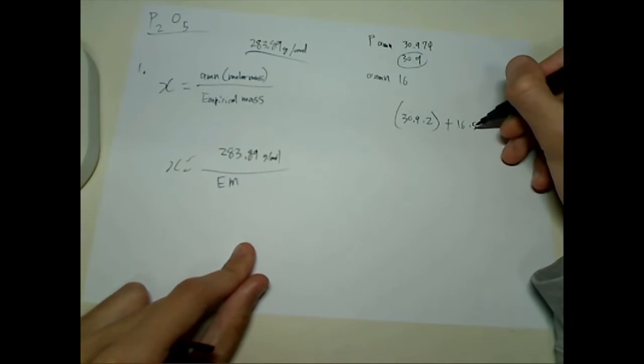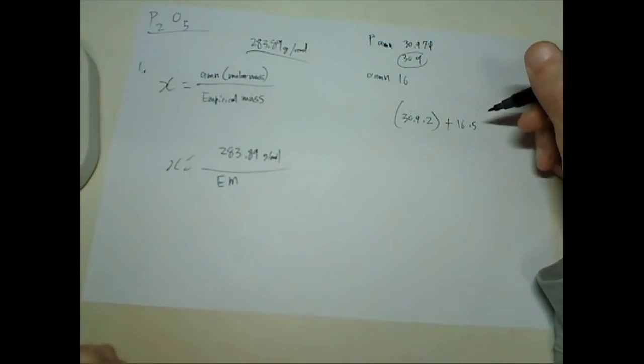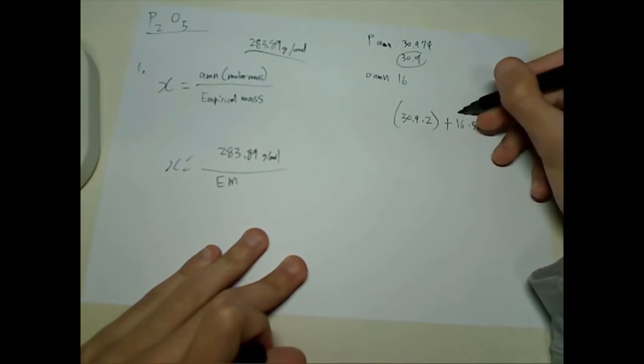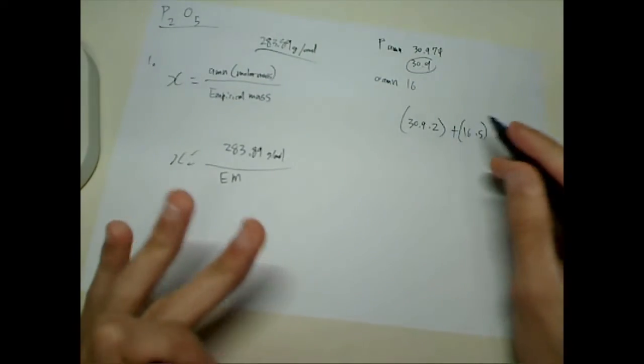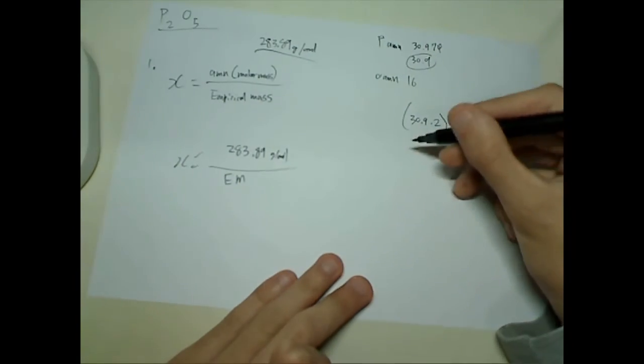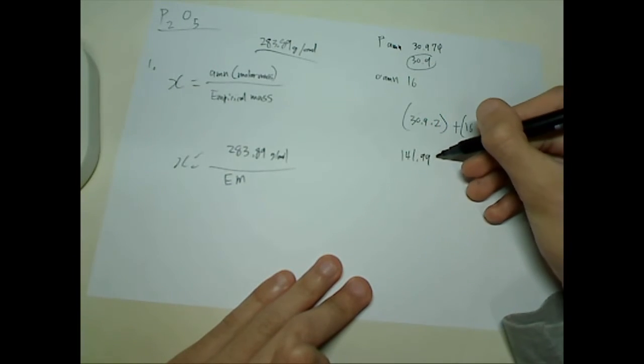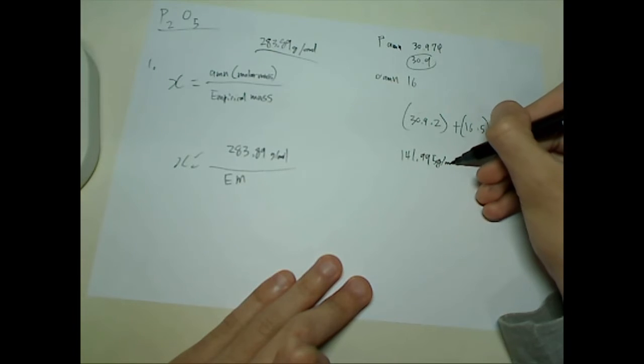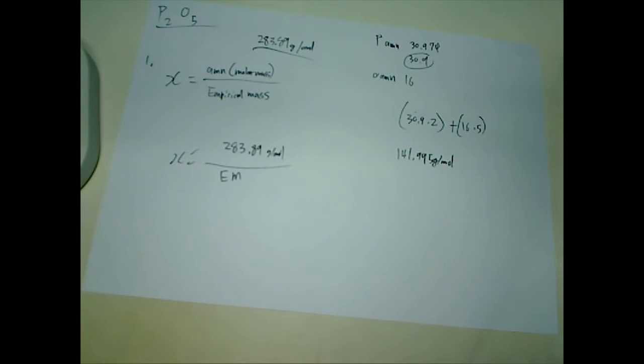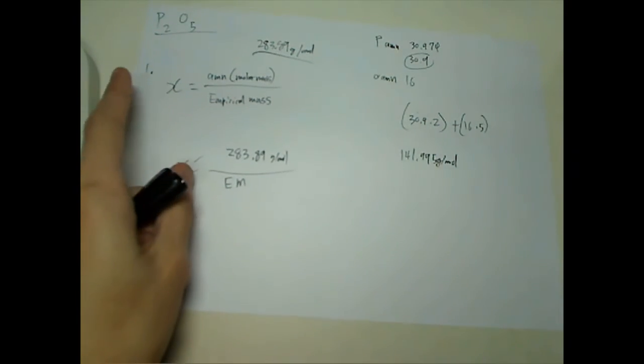And if we add all this together, we get about 141.995 grams per mole. Now, this is what we call the empirical mass of the empirical formula.